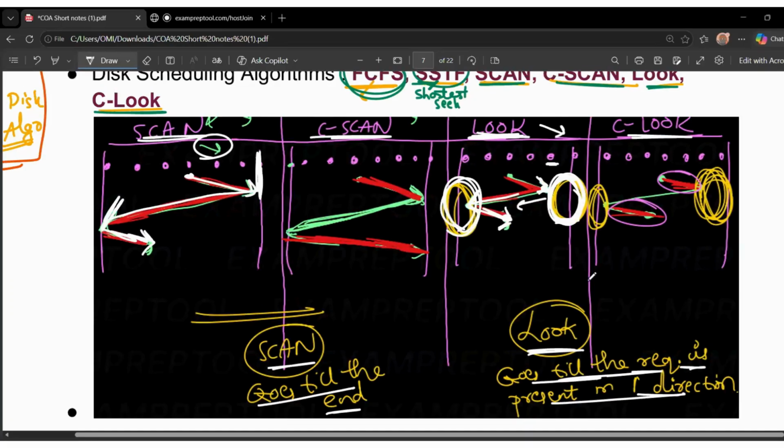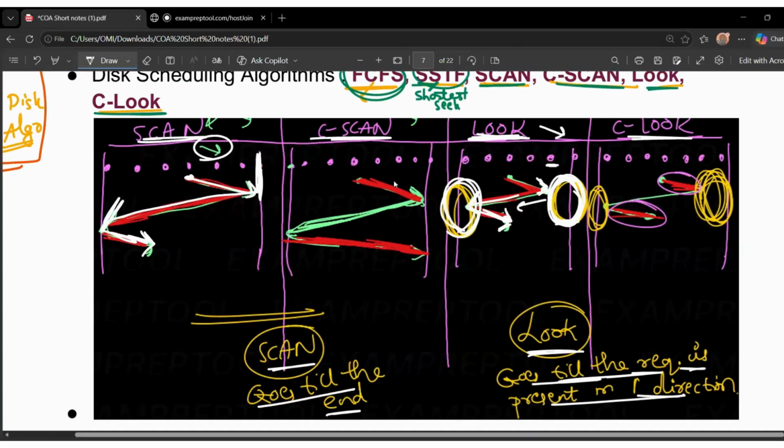Now, what is the C scan? If this is the desired location to go, the movement. So in the C scan, you see the red color, right?